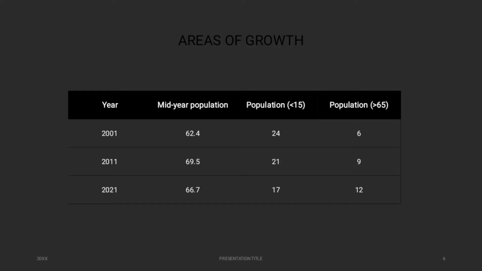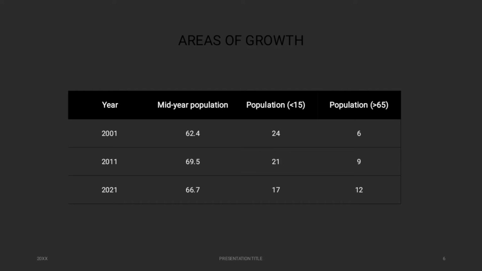So the table shows in mid-year population an increase of population from 62.4 in 2001 to 69.5 in 2011, but a decrease to 66.7 in 2021.